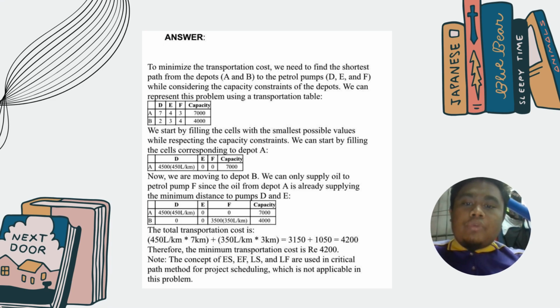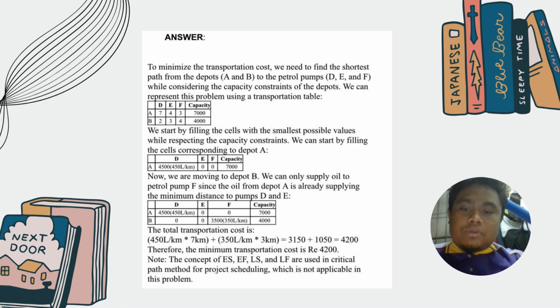Now we move to depot B. We can only supply oil to petrol pump F since the oil from depot A already supplies the minimum distance to pumps D and E. So the total transportation cost is 405 kilometers, 7 kilometers plus 305 kilometers, 3,100 and 1,015. So this answer is 4,200.